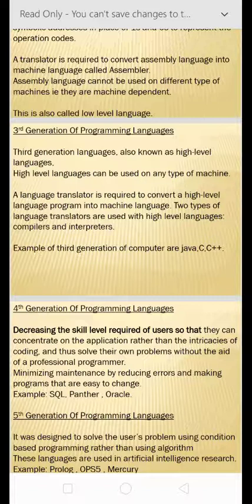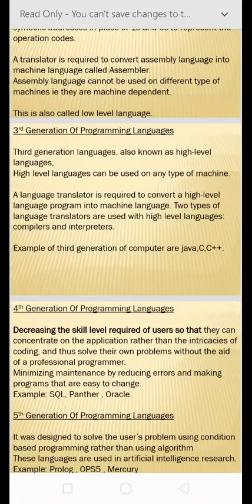And the programs written in these languages can be developed in very less time as compared to first and second generation languages, because these languages use simple English language. To convert high-level languages into machine language, they need translators like compilers and interpreters. Java, C, C++, these are examples of third generation languages.